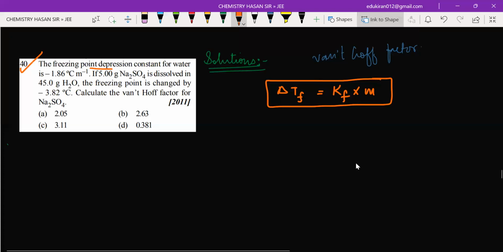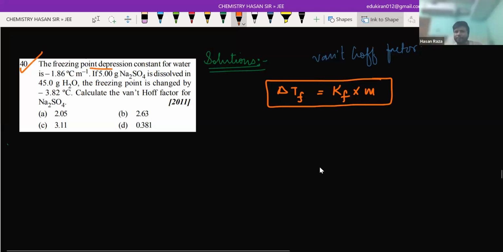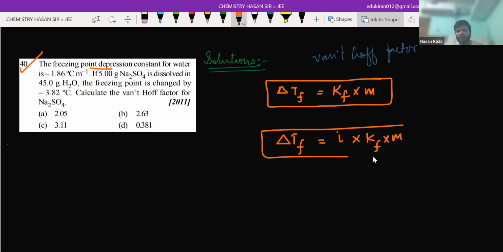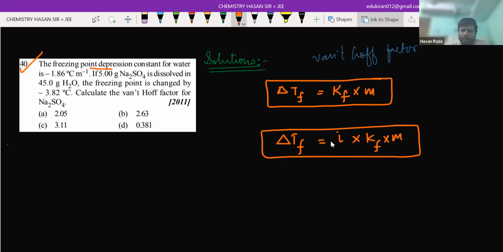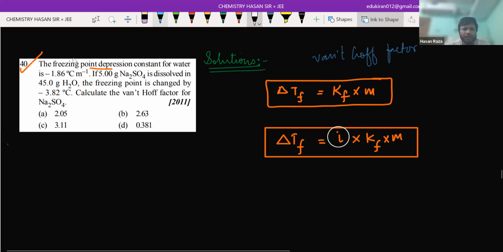Now, after studying Van 't Hoff factor, the exact formula of this delta TF is equal to I into Kf into M. Are you getting my point? Yes, sir. Now you need to calculate this I. If you study the question carefully, you have the value of delta TF, KF, and M. As you can see, this is the value of KF.